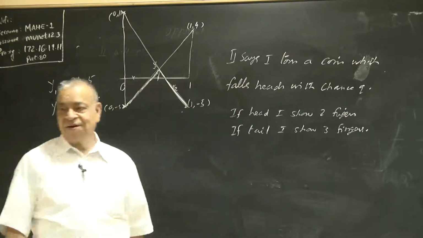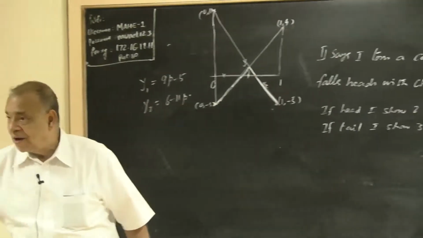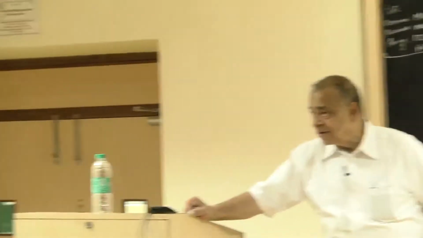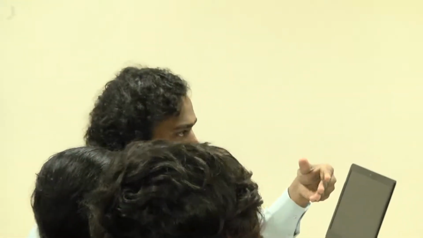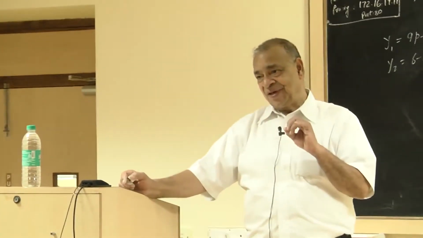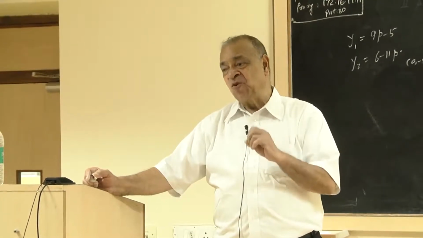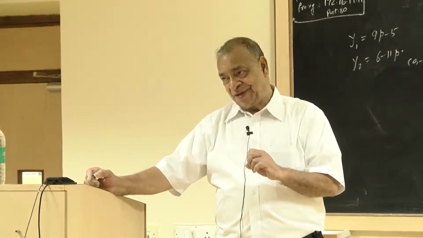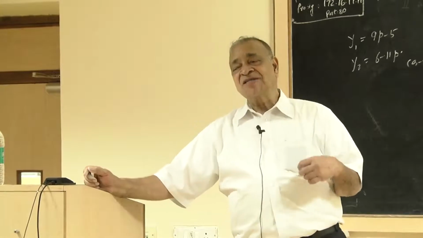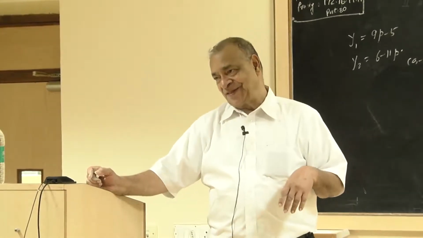Till now, we have only computed all the values from the point of view of player 1. So what we have shown is player 1 can guarantee himself an expected income of minus 1 over 20. That means his loss cannot be more than 1 over 20.